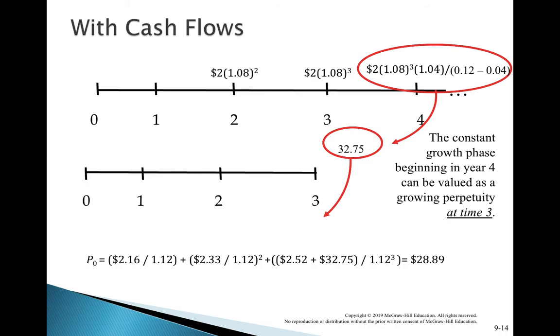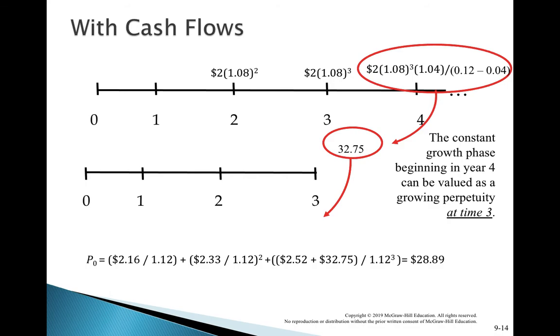So the fourth year dividend will be $2, third year dividend, $2 multiplied by 1.08 to the power 3, multiplied by 1 plus growth of the fourth year and forever, 1.04. Divided by R minus G, the case of perpetuity, R minus G. That will equal 32.75. 2 multiplied by 1.08 to the power 3 multiplied by 1.04, whole divided by 12% minus 4%, is equal to 32.75.